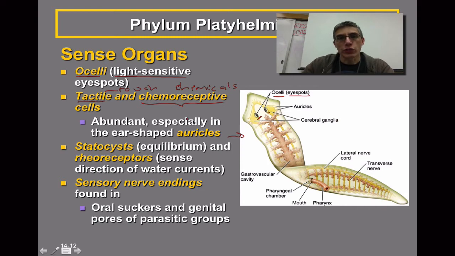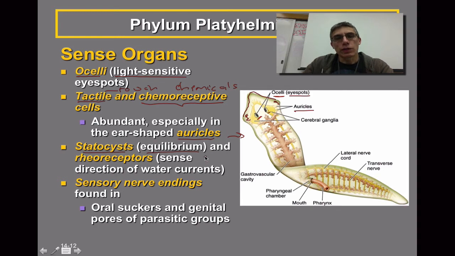And most of these cells are going to be concentrated in the auricles of the animal. Now, these animals sort of have a triangular shaped head, and the auricle is going to be found on each side of that animal's head. Now, in addition to the auricles, some of these animals will also have something called a statocyst, and these statocysts are going to basically function to maintain equilibrium in the animal.